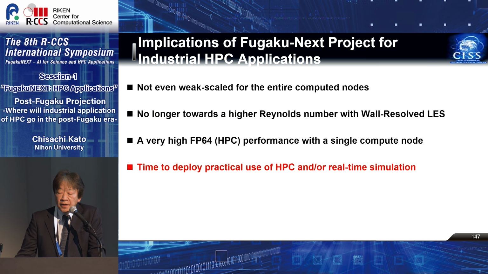But on the other hand, as I just mentioned, very high FP64 HPC performance will be delivered with a single node. So it's time to deploy practical application or practical use of HPC, and real-time simulation will be possible.